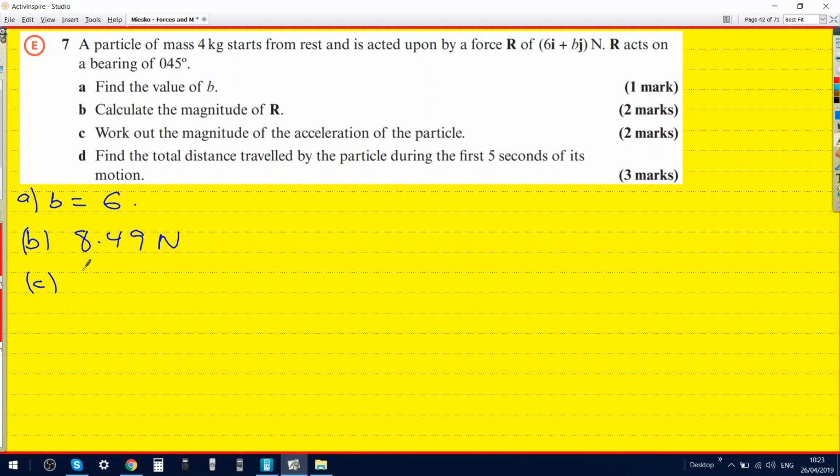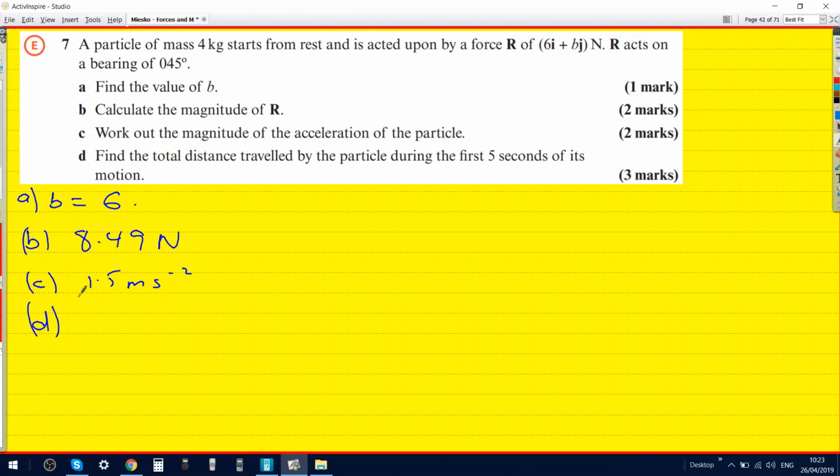1.5. And then how would we do the last one? Is that a Suvat equation? Yeah.